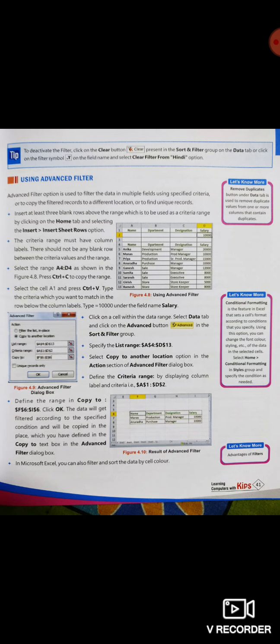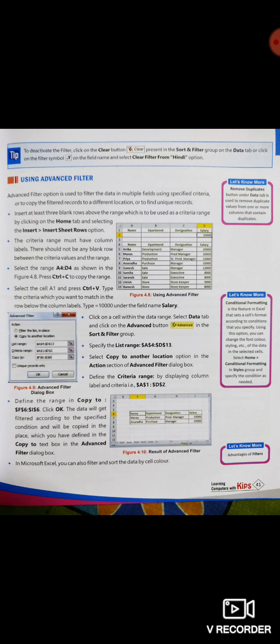Or we can click on the filter symbol directly on the field name and select the Clear Filter From option. Here we have applied the filter on the Hindi field name, so the command will be Clear Filter From Hindi. This is the option where we have to click.